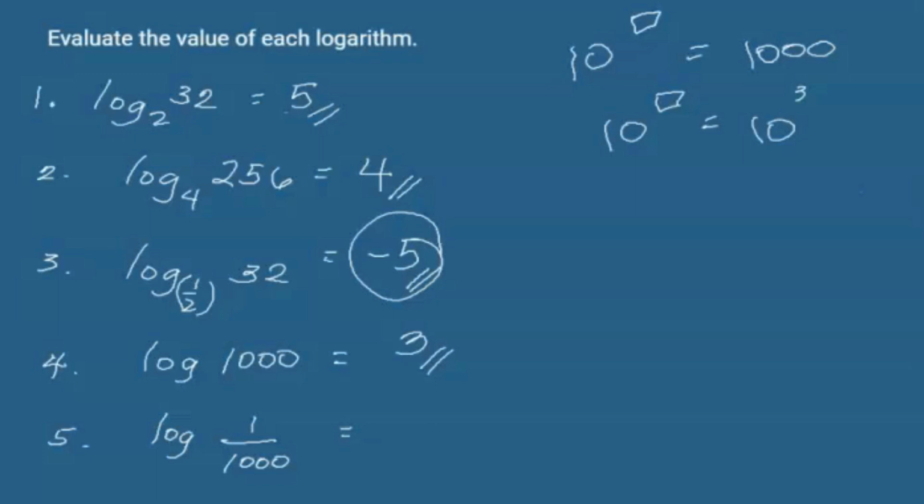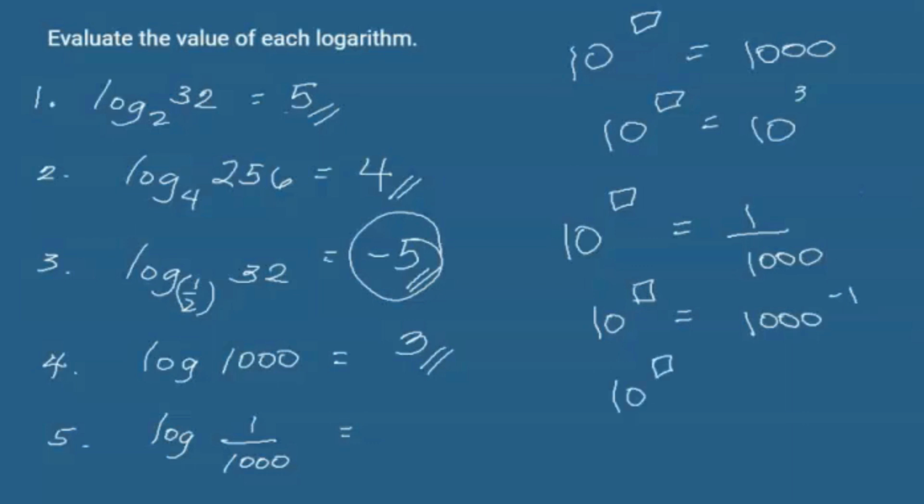Next, last number, logarithm of 1 over 1000. So again, the base is not written, so it means it's base 10. So what is the exponent of 10 to give us 1 over 1000? So let's get 1 over 1000. That is equal to 1000 raised to -1.